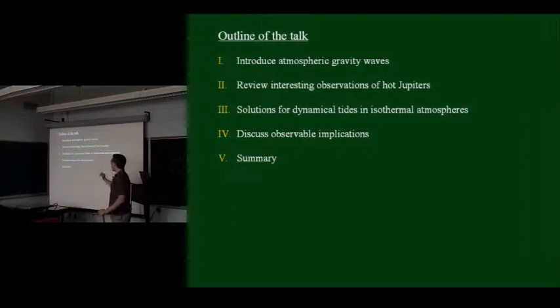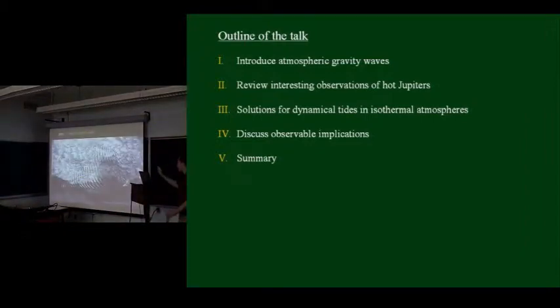I'll talk about the solutions that I have obtained for gravity waves in the atmospheres of hot Jupiters in particular, that is, close-in giant planets, with orbits on the order of 3 or 4 days. Then the implications of the presence of gravity waves, to summarize.